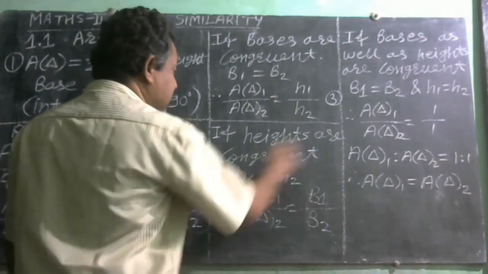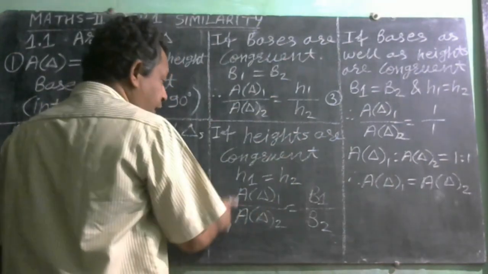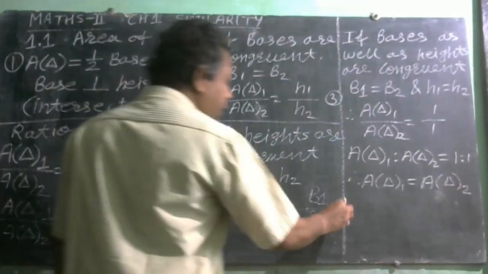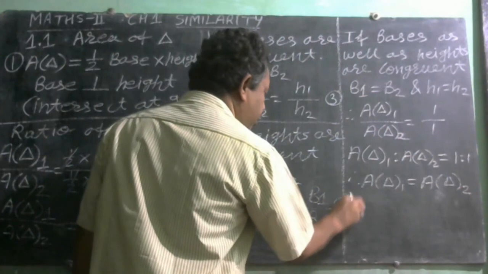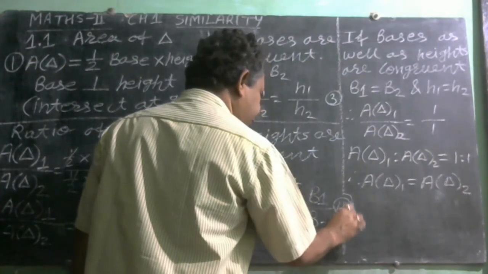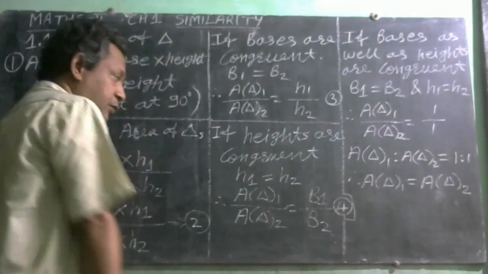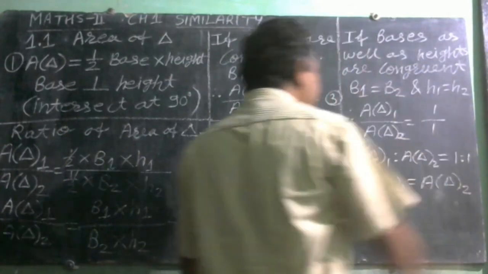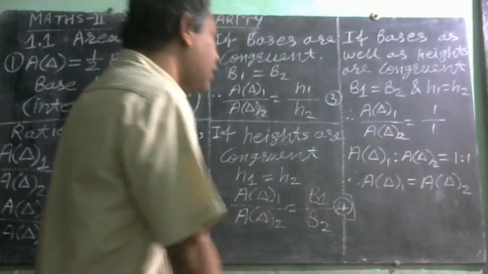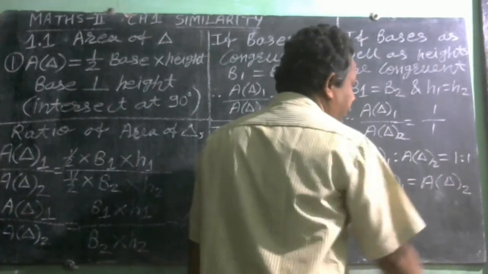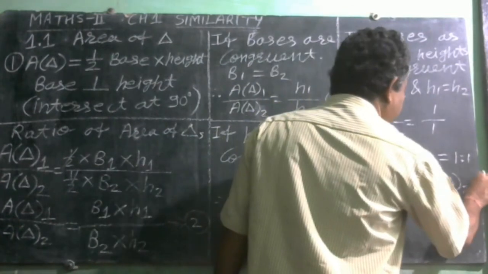If heights are congruent, then ratio of area of two triangles will be in the proportion of their bases. This is the fourth formula. And if base and height are congruent, in that case area of two triangles are equal. This is the fifth formula.